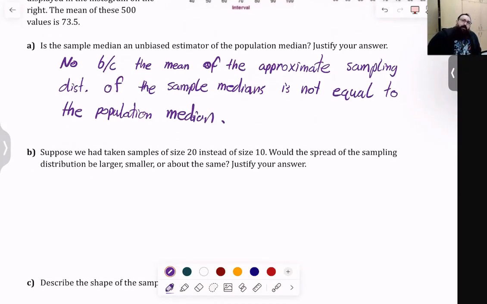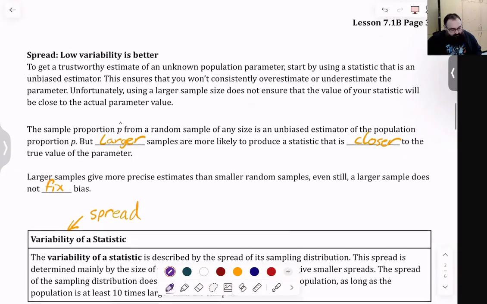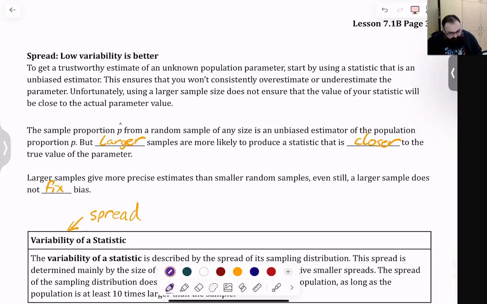Suppose we had taken samples of size 20 instead of size 10. Would the spread of the sampling distribution be smaller, larger, or about the same? So now we're talking about spread or variability. So let's go to the last page and see what it said about spread.